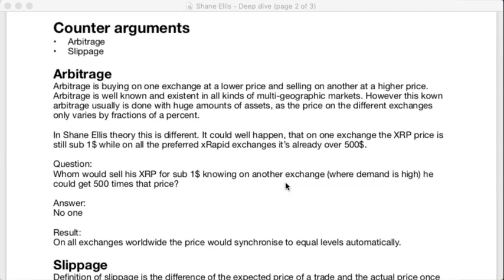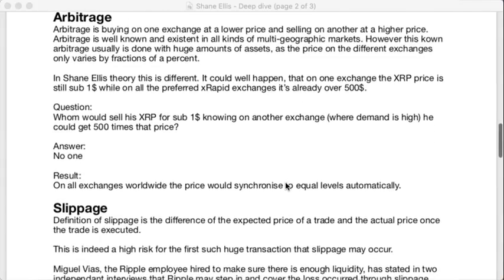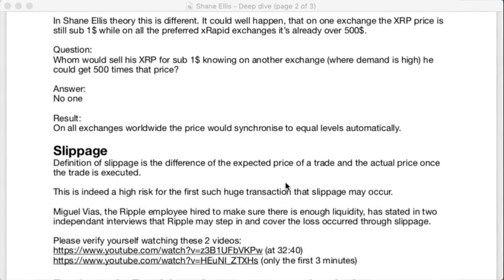Now, question to you: who would sell his XRP for below $1, knowing that on another exchange where the demand is high, through the XRapid transactions coming there, he could get a 500 times higher price?